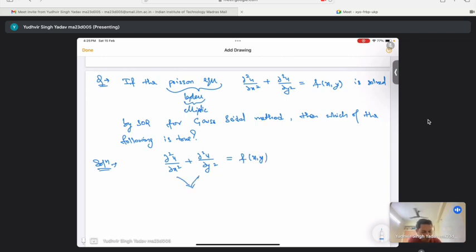So we will use the second order central difference formula for all these terms.